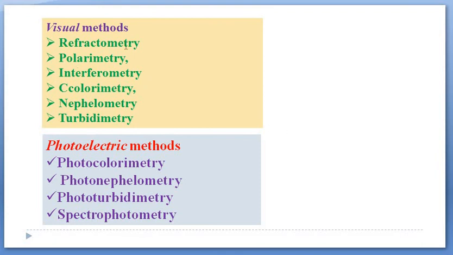Visual methods are divided into refractometry, polarimetry, interferometry, colorimetry, nephelometry, and turbidimetry. Photoelectric methods are divided into photocolorimetry, photonephelometry, phototurbidimetry, and spectrophotometry.